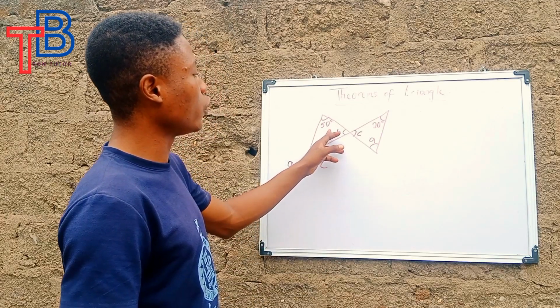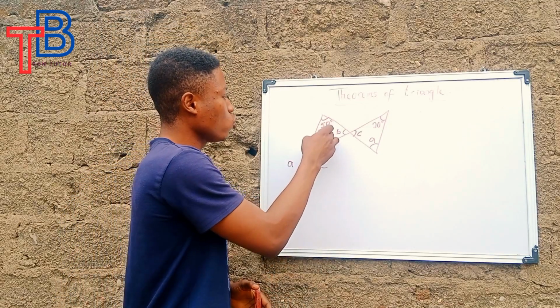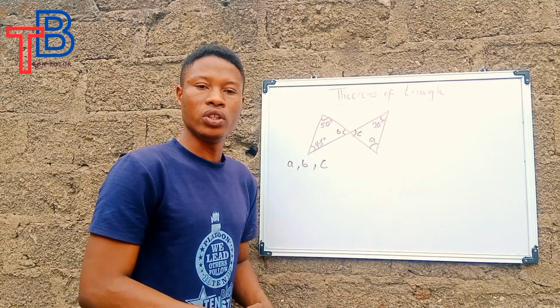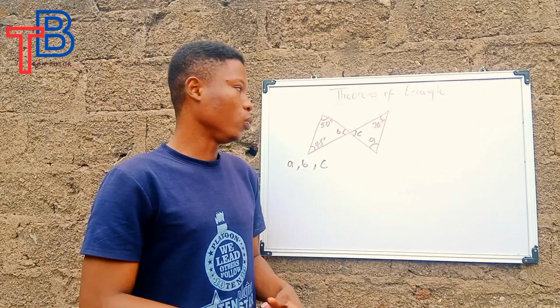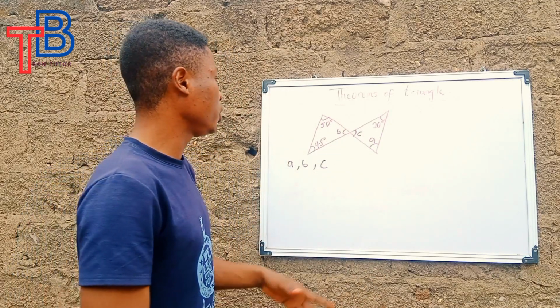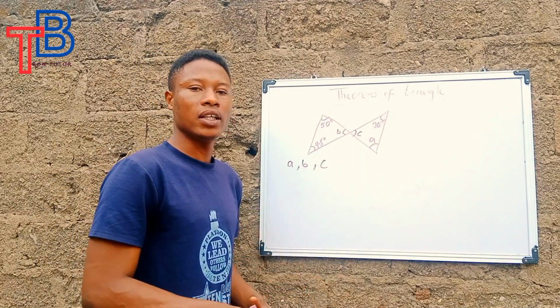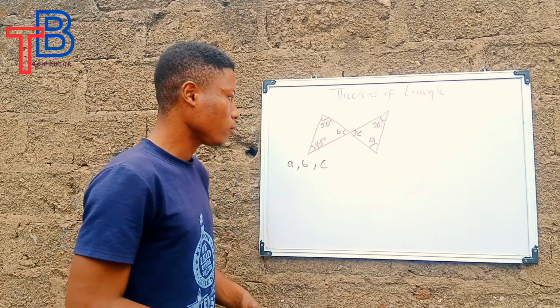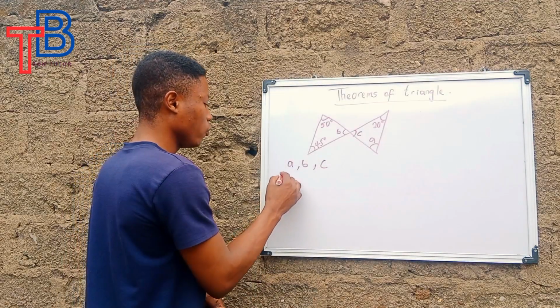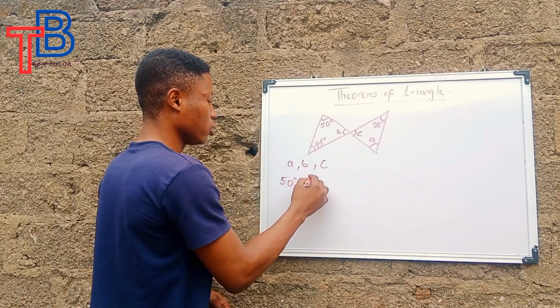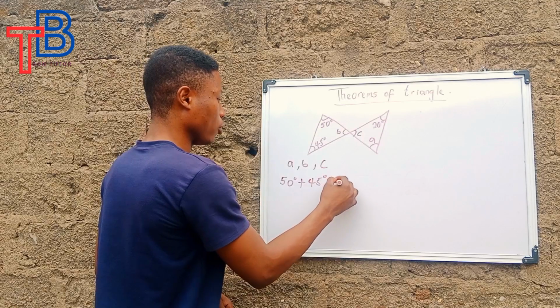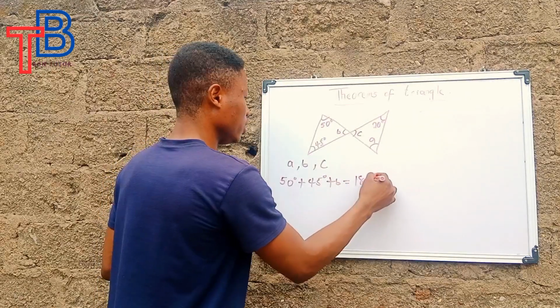If you check this first triangle here, you have two angles and one unknown angle, which is the angle B, so it will be easier for us to firstly find the angle B. That is, you can say 50 degrees plus 45 degrees plus b equals 180 degrees.